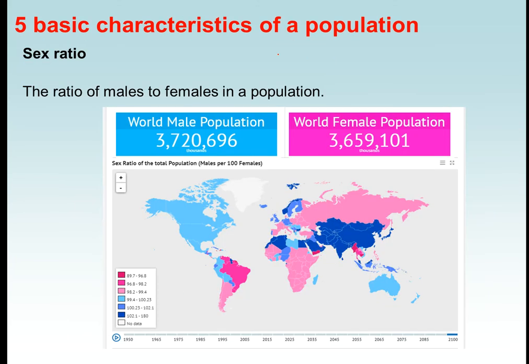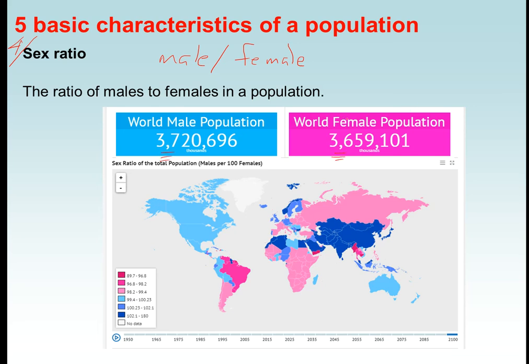The fourth characteristic is going to be the ratio of male to female. This is interesting, you may learn something here. This is the ratio of males to females within a population. This is a graphic we pulled, and what it shows is the number of males per 100 females, so it's a comparative statistic. If you look at the world population, there's not a huge difference between the number of females and the number of males.